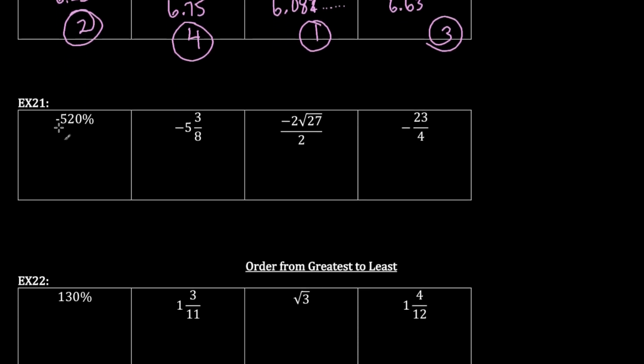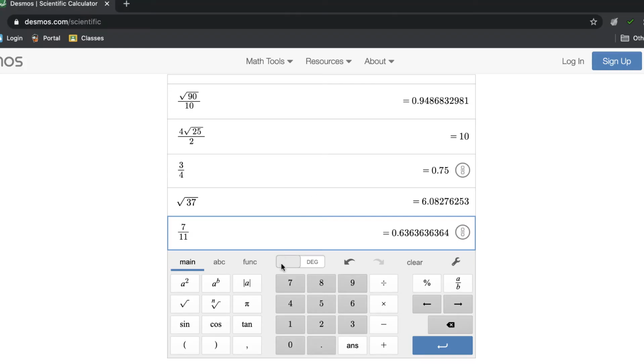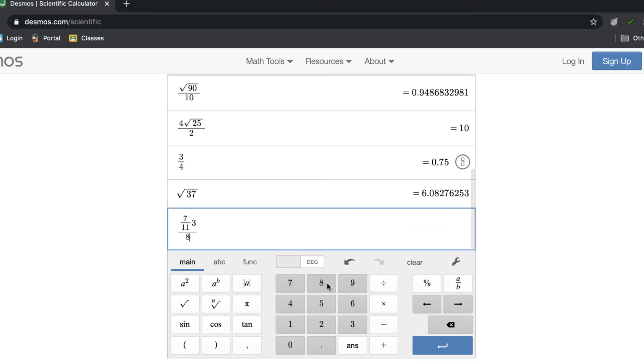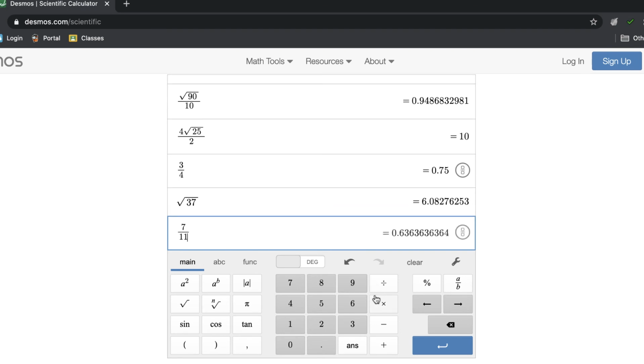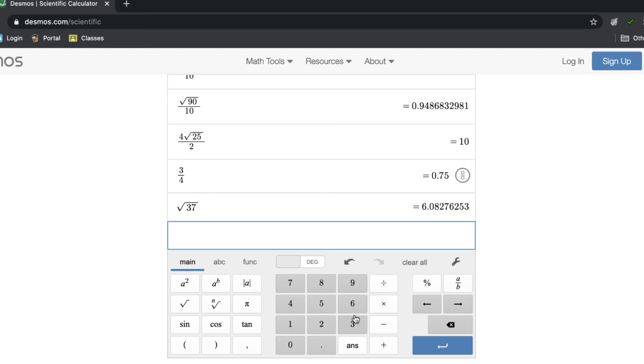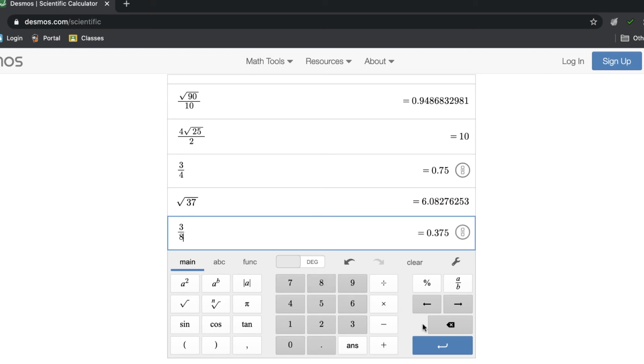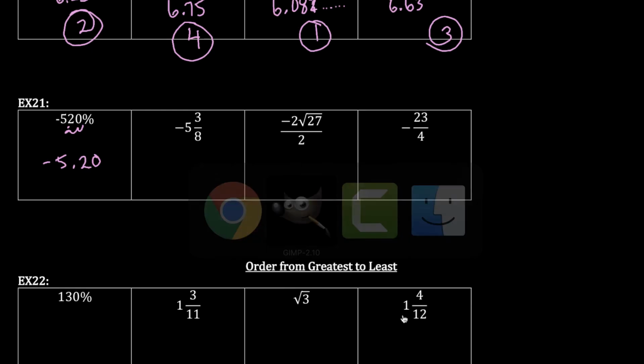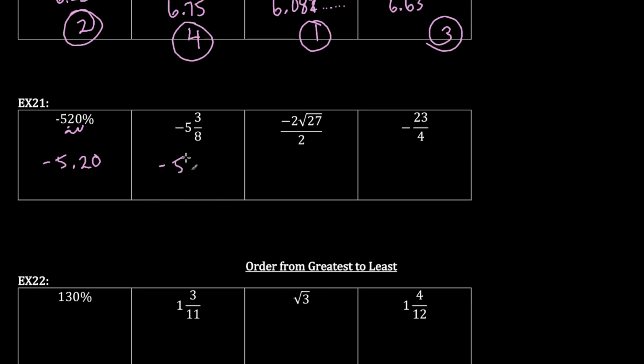All right, let's try this one. These ones are negative. So 2 to the left. Negative 5.20. 3/8. 3 over 8. If you don't know, it is 0.375. Negative 5.375. That means I'm going to put a 0 here just to help out.